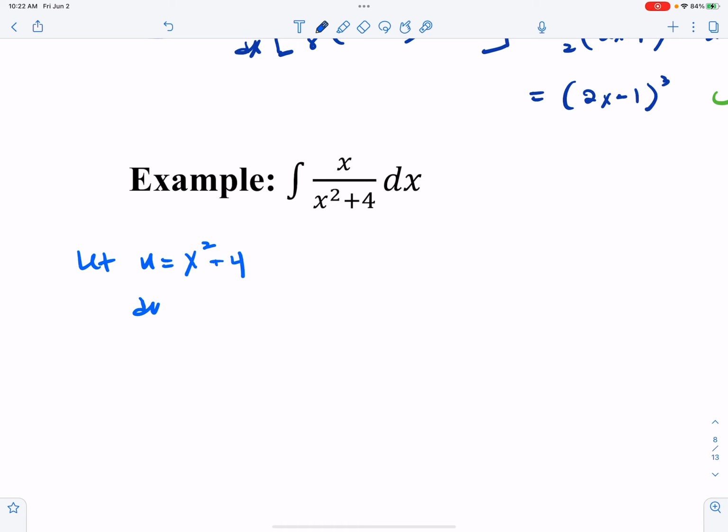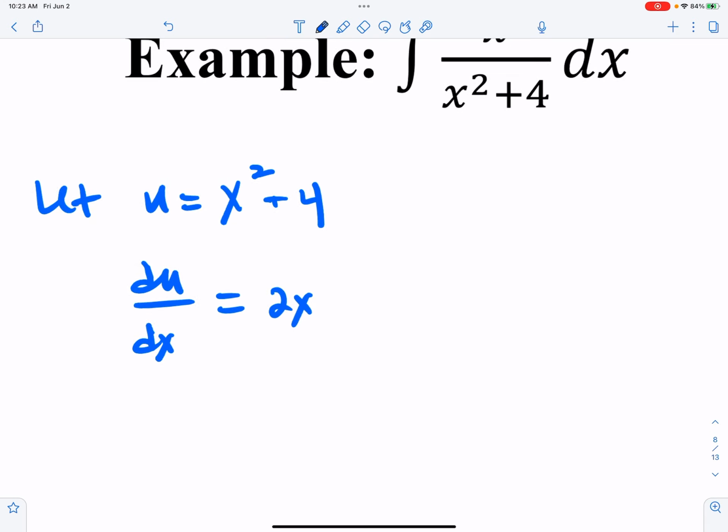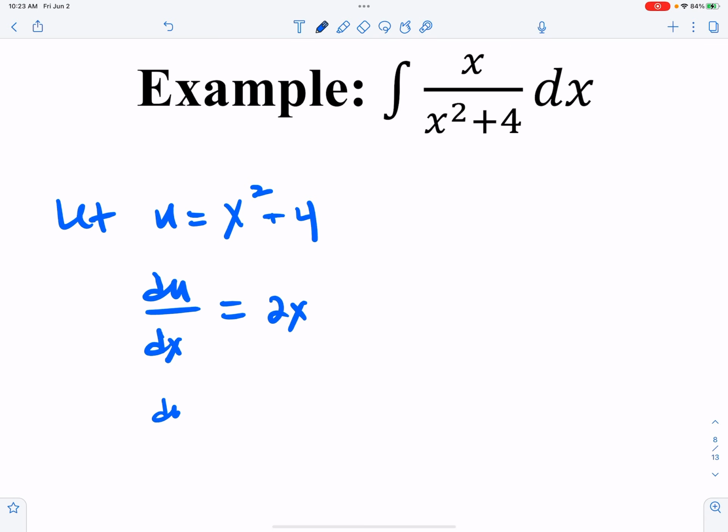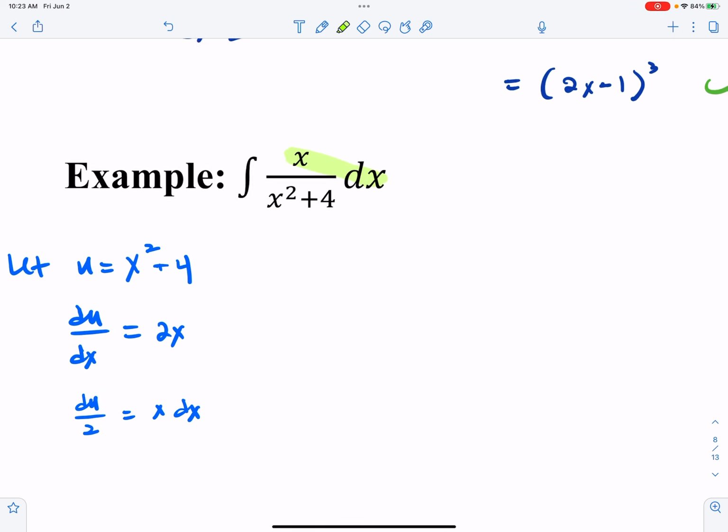So we would get du over dx, right? Differentiating u with respect to x would be 2x. Well, notice if we rearrange things here, we would get du over 2 equals x dx. Because we need that x dx to be replaced.